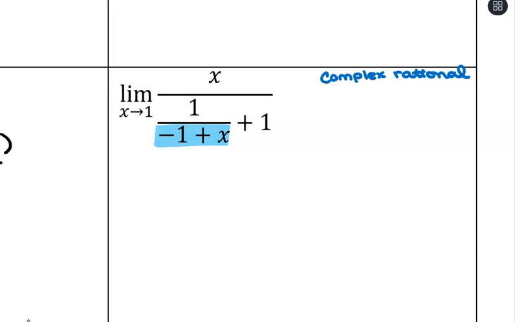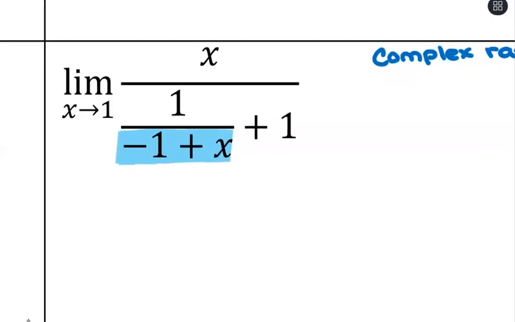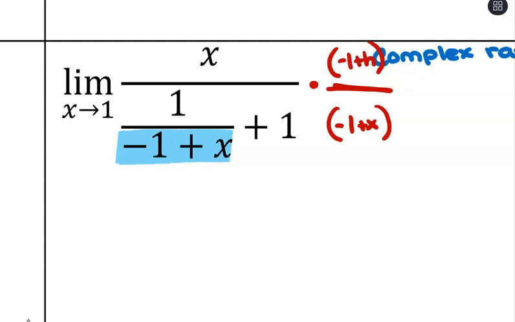So we have this denominator within the denominator, and there's a few ways that we can simplify this, but what I find is the most direct way is that we multiply the overall numerator and the overall denominator. We have to multiply by the same thing, since we're multiplying by a version of 1. And what we'll use is that complex denominator. So negative 1 plus x, negative 1 plus x.